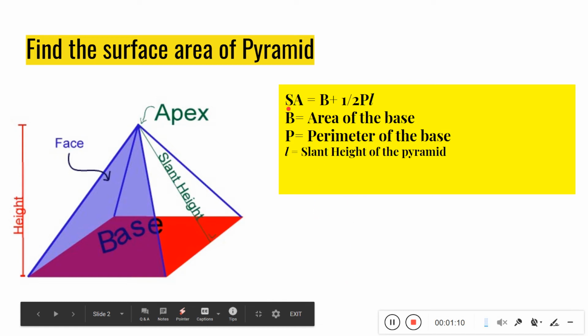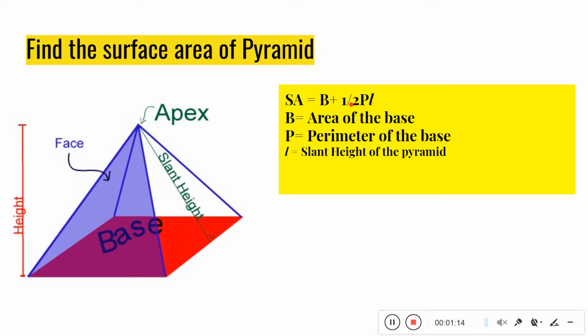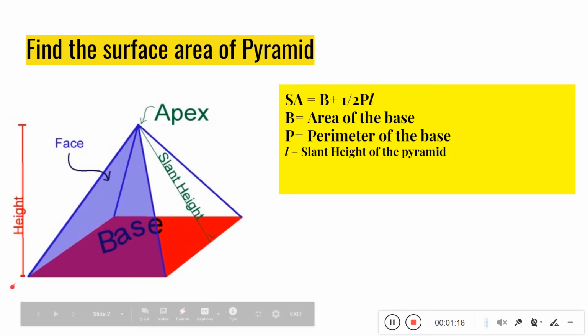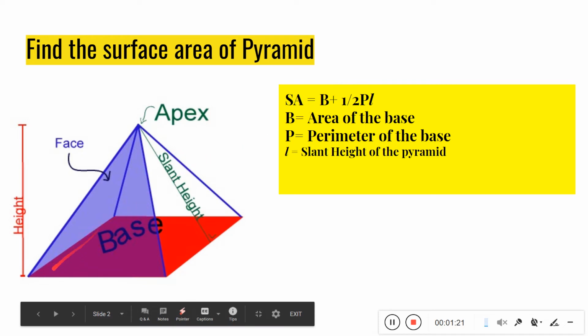So the formula we have is surface area equals base plus 1/2 PL. P is for perimeter of the base, and L is for the slant height. Now, it should make sense to you that we only have base and not 2B like in the prism, because there's only one base.